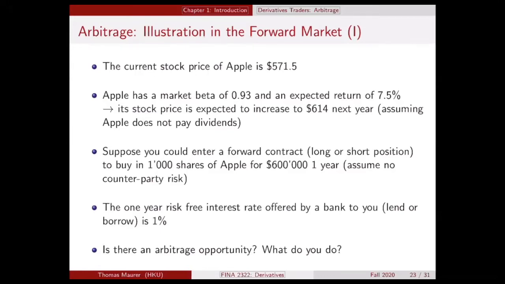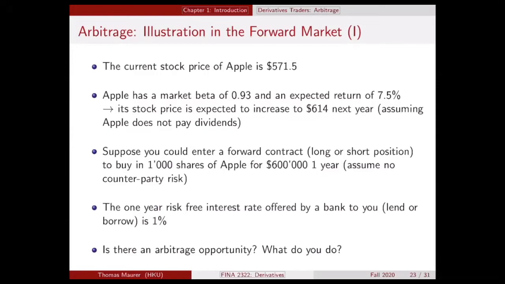Now, the first thing which you may consider is, well, since I expect the Apple price to be $614 after 1 year, is it an arbitrage to take a long position in that forward contract, where I can lock in to buy 1,000 shares for $600,000, and then I wait 1 year, and since I expect them to be worth $614 apiece, or $614,000 for all 1,000 shares?